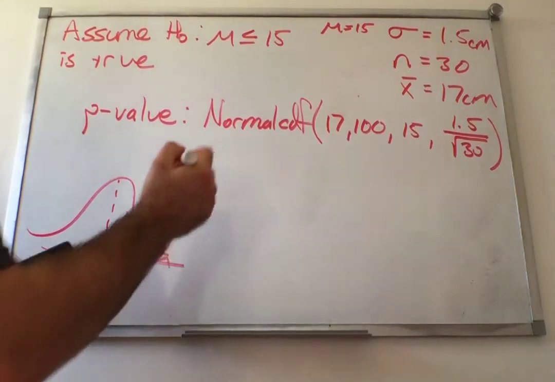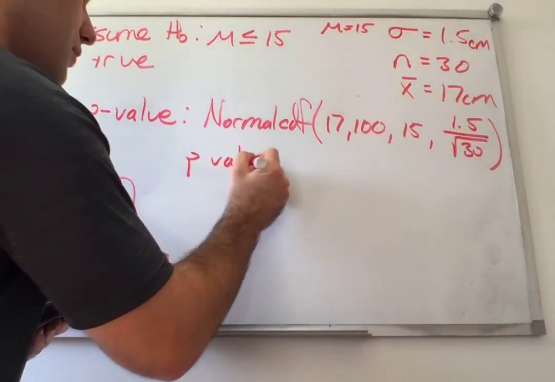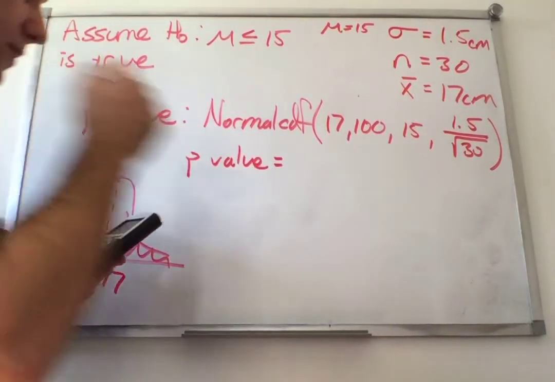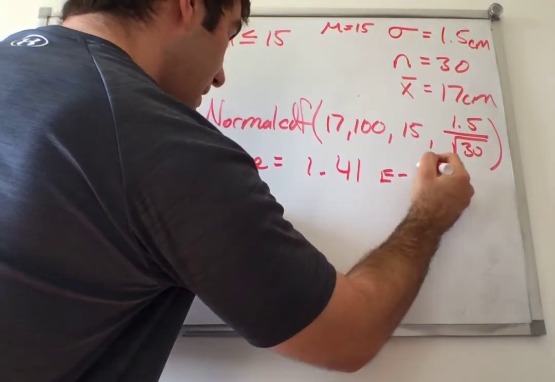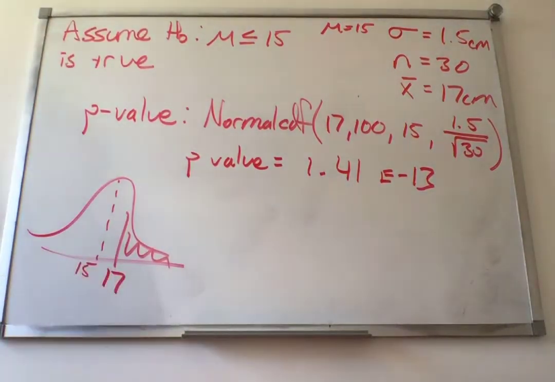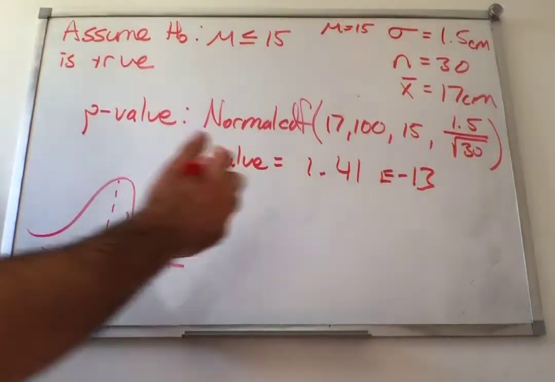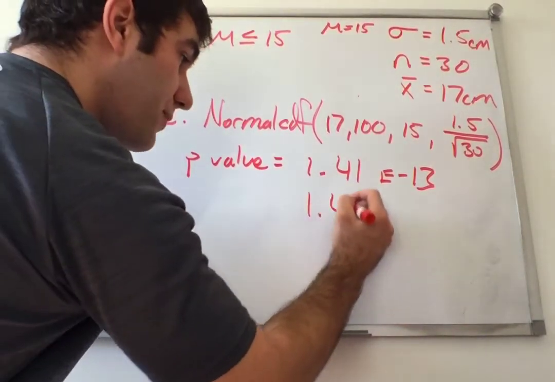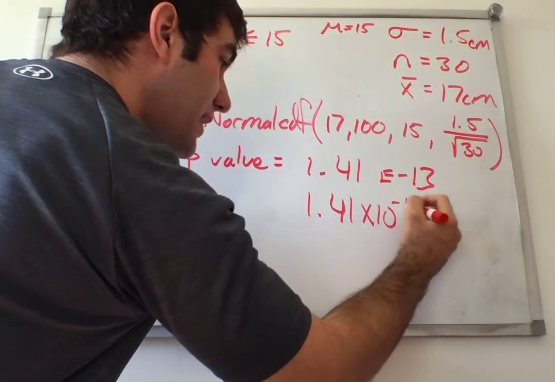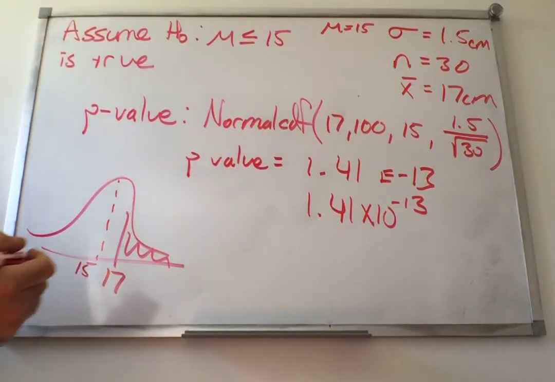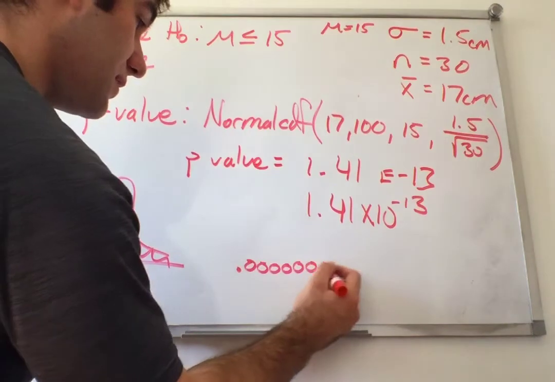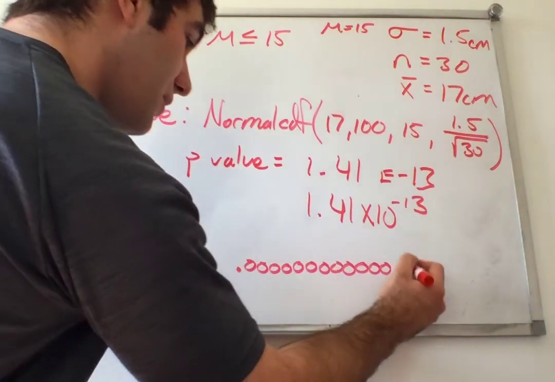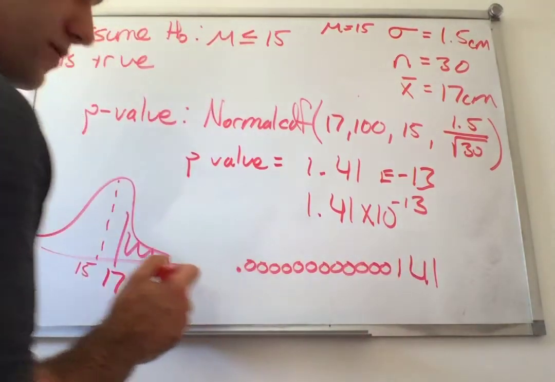So, we get the p-value is equal to 1.41. You see an E here, negative 13. This is scientific notation. What this really means is 1.41 times 10 to the negative 13 power. Or in other words, 12 zeros and then 141.